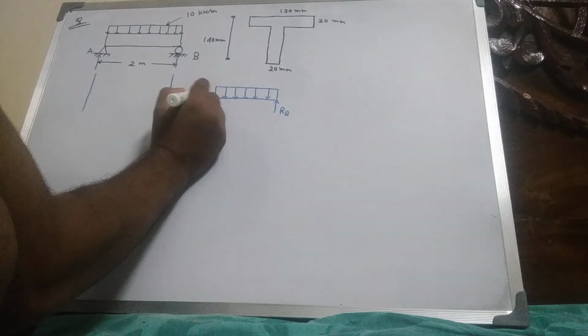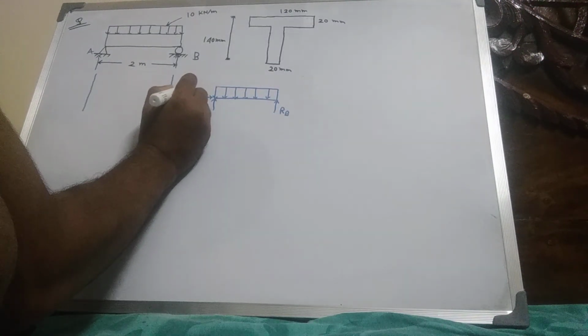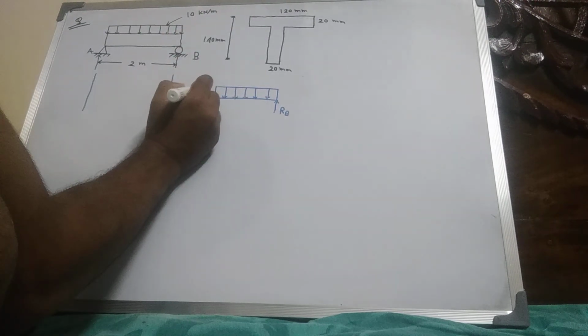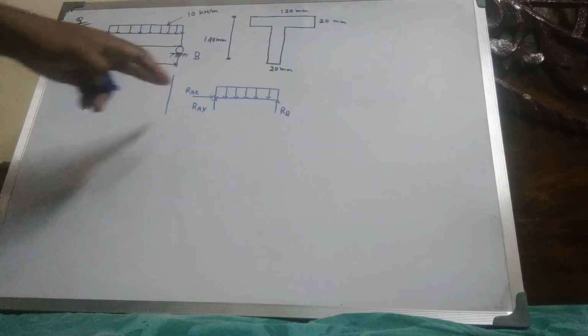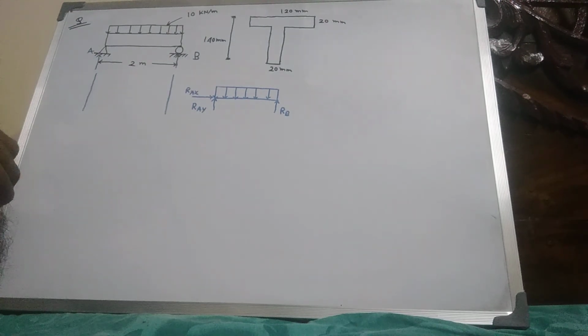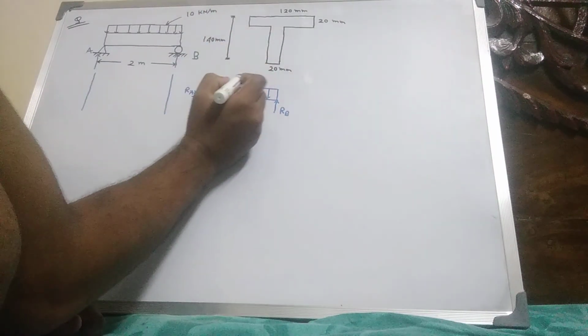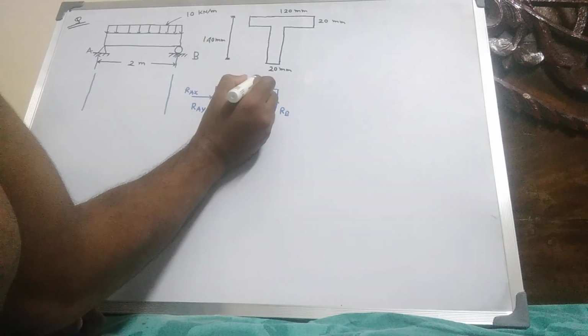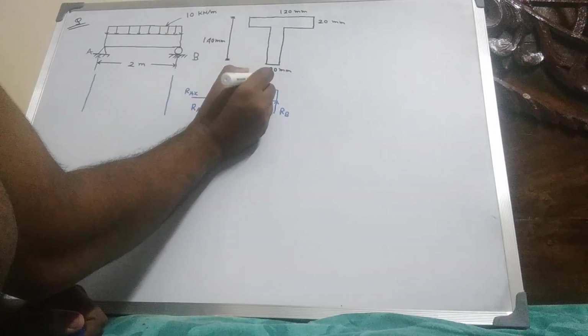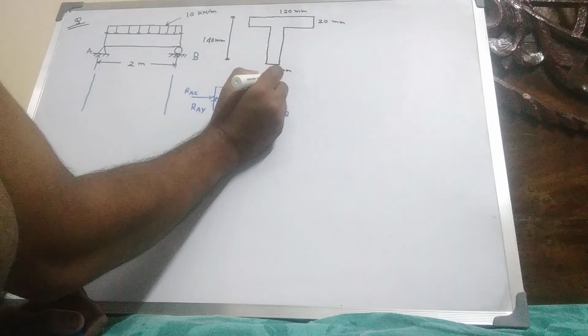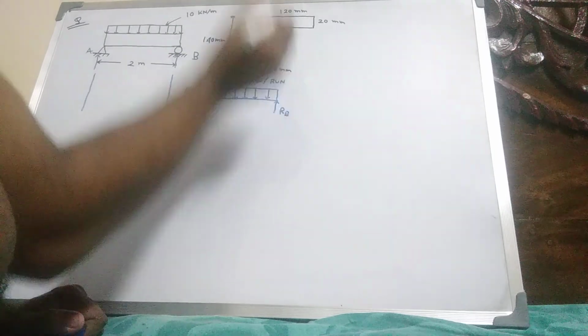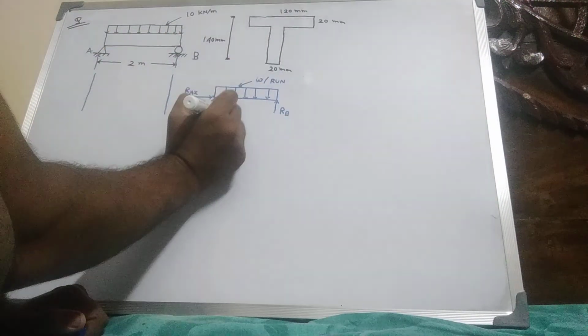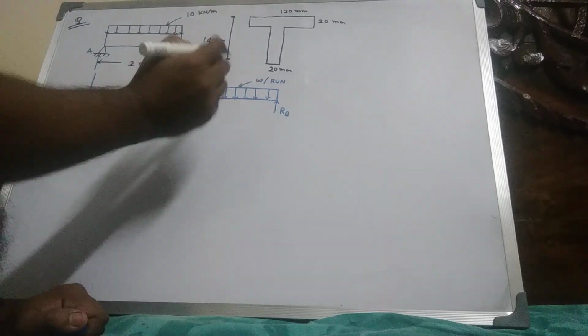At the hinge joint A there are two reactions, one vertical and the other horizontal. And this is the small w per unit run.